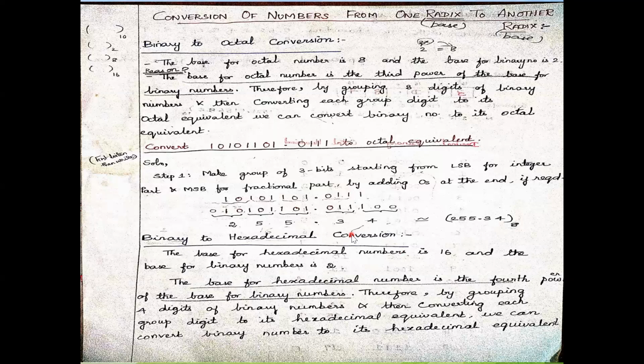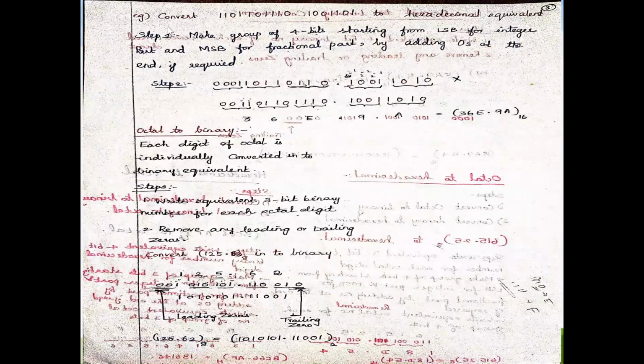We'll see an example now. Convert this number 1101101110.1001101 into its hexadecimal equivalent. When you see this, you can use the same procedure, and here it will be grouped in terms of 4 digits.